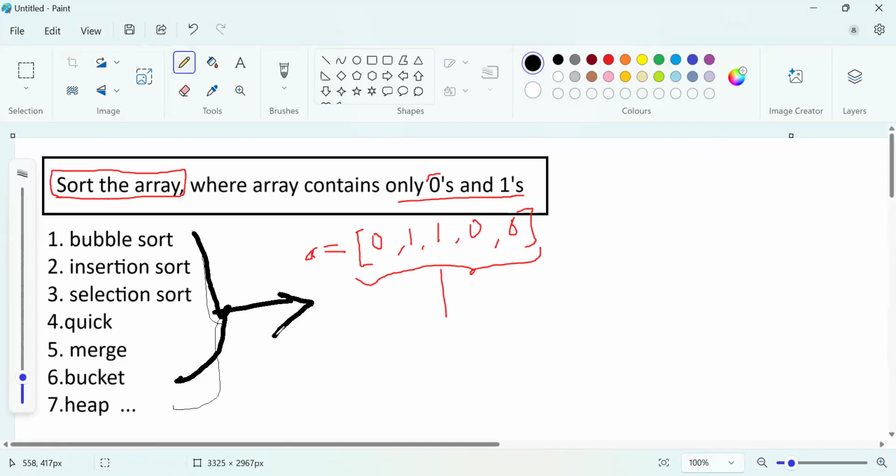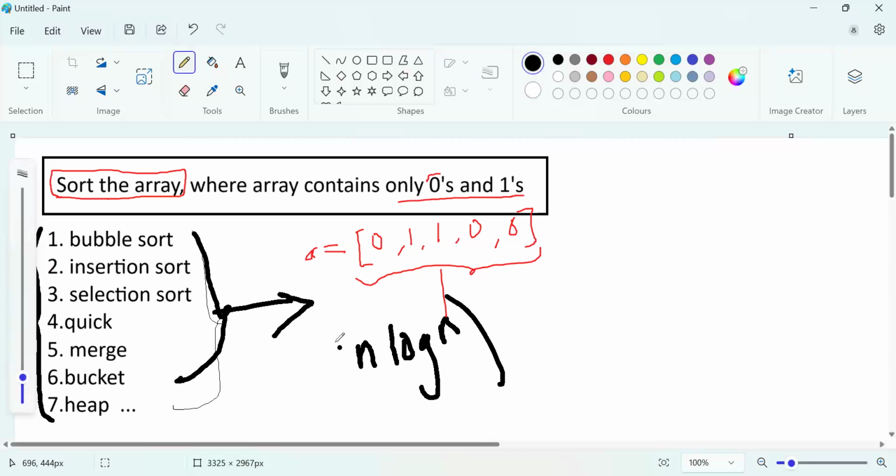But what is the time complexity? On average, if you choose the best sorting technique from the available ones, the time complexity will be n log n. Whether it is the worst case or the best case, whatever you choose, it will be big O of n log n.